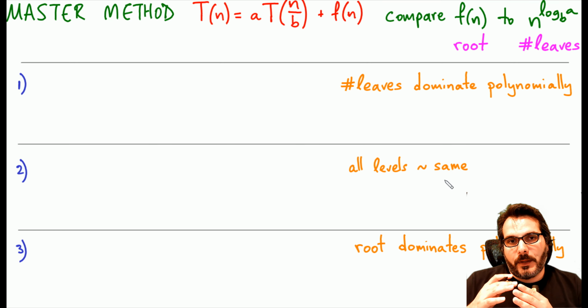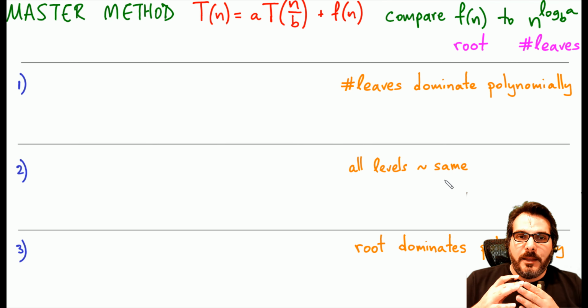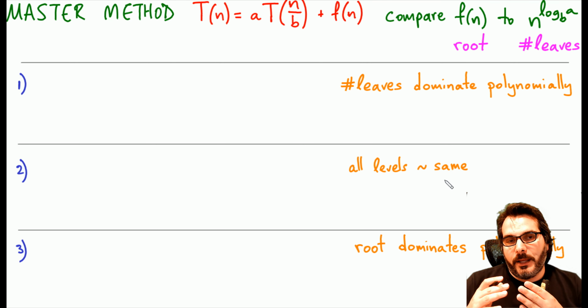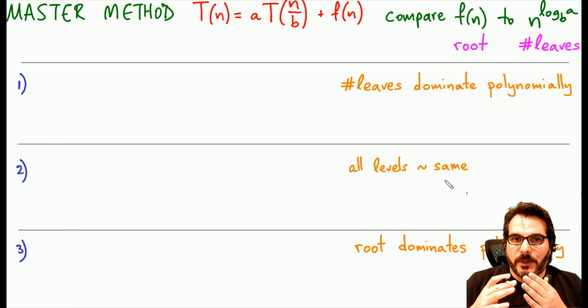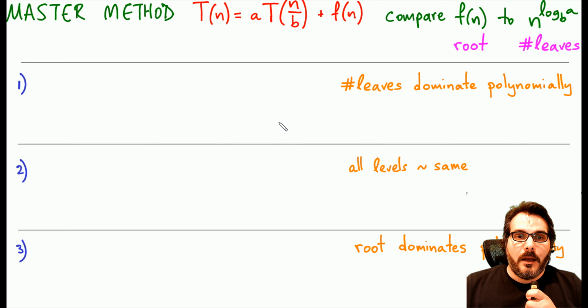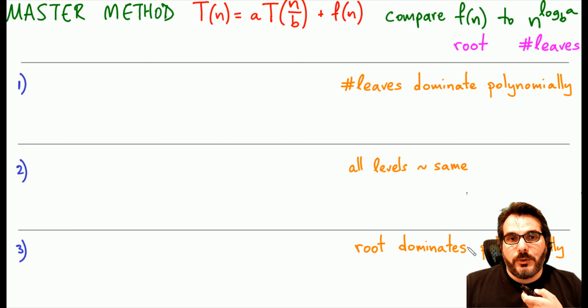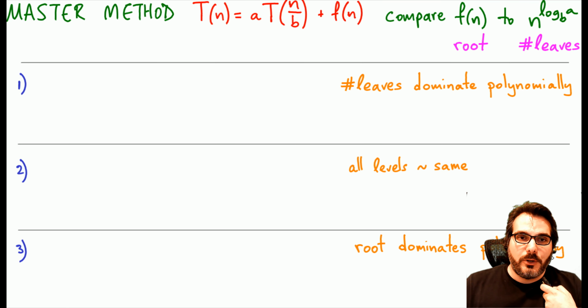If I say n, 2n, 3n, 4n, we assume that they are the same. And if it is something with log n, 1 log n, 2 log n, it's still the same. We will assume that it's the same. Another condition is that the root dominates polynomially. The first one and the third one are vice versa, reverse of each other.